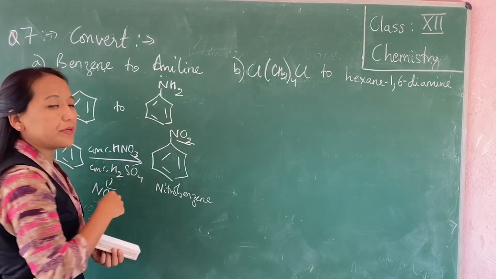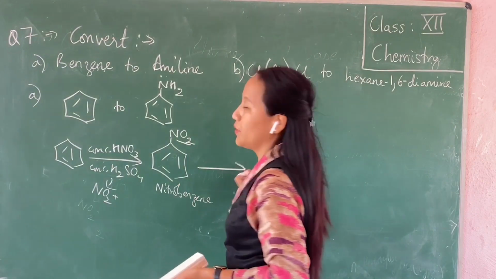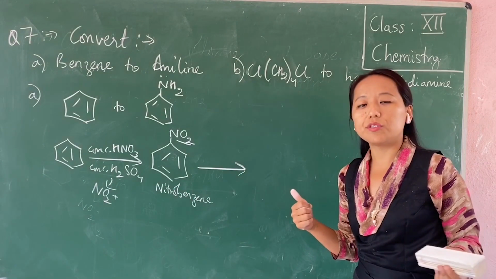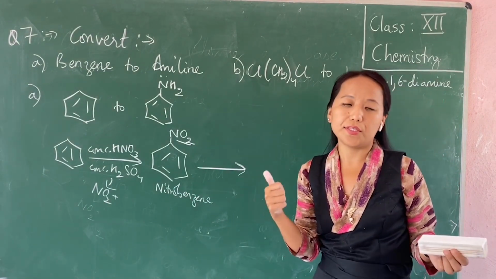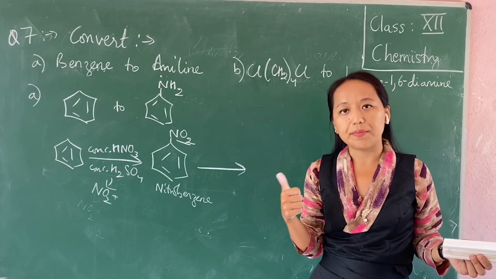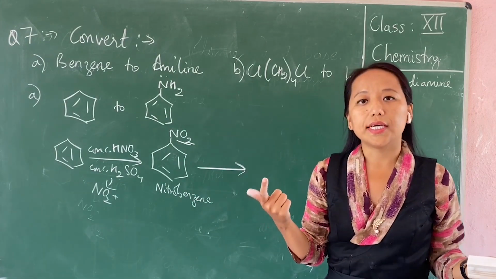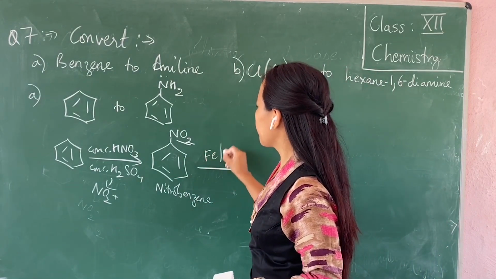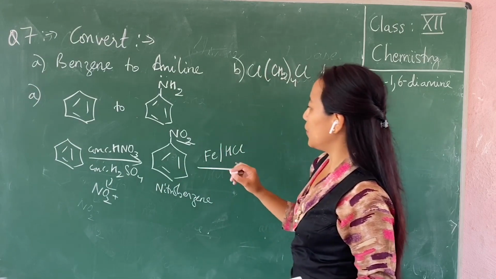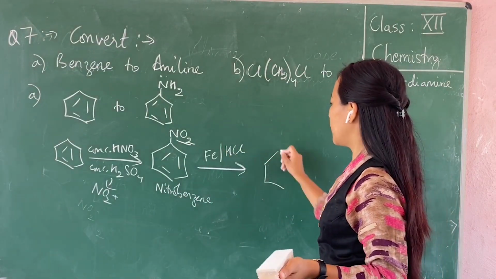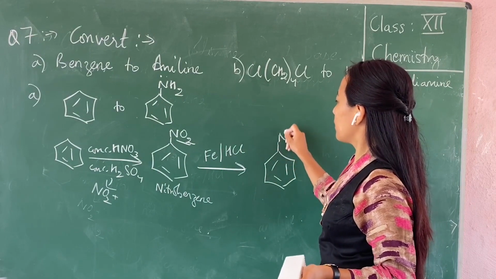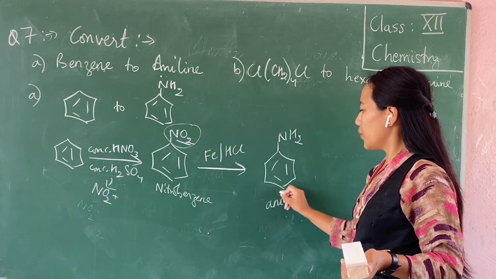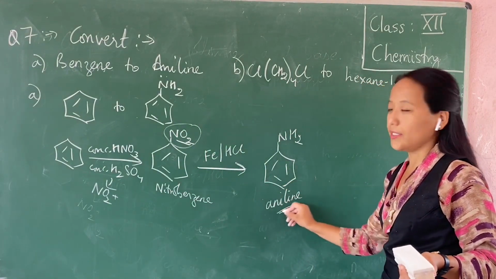Now the nitro group can be reduced to NH2 by treating it with a reducing agent, that is under reduction of nitro compounds, which we have already learned. You can carry out reduction of nitro compounds by 2 methods. The first one is the chemical method, which is metal plus HCl, and the second one is addition of hydrogen in the presence of nickel. So let's say I'll take metal plus HCl. And what happens is this NO2 gets converted to NH2. This nitro group is reduced to NH2. So that's how you convert any benzene to aniline.